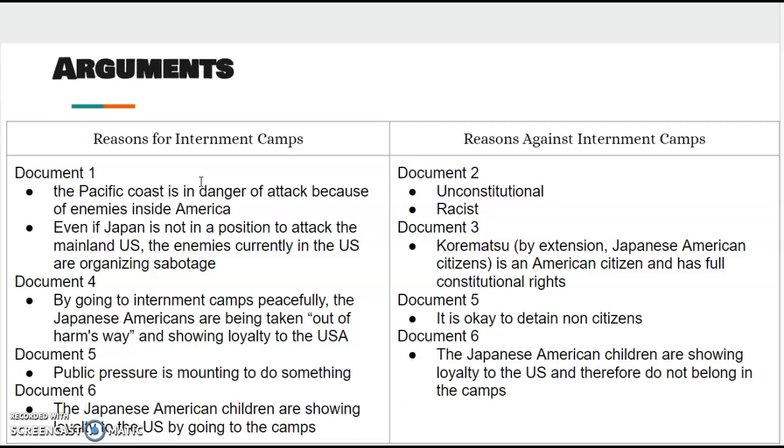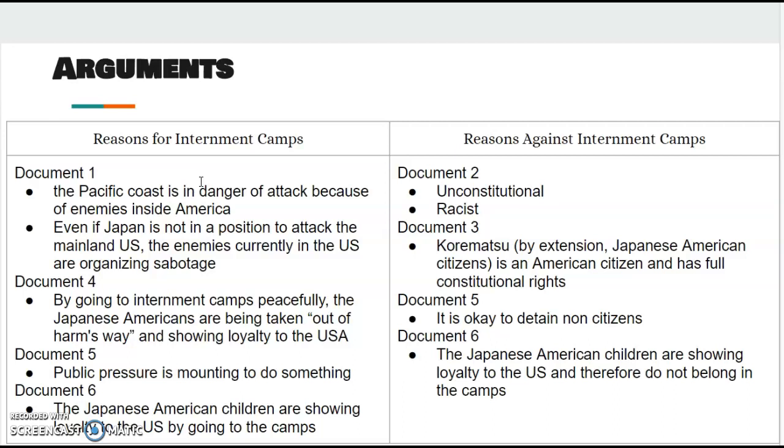In terms of reasons against the internment camps, document 2 was in the Korematsu versus the United States case. Korematsu was a Japanese American who refused to follow the order to go to the internment camps, saying that it violated his civil rights as an American citizen. And it was a really close decision. I think it was a 5-4 decision on the Supreme Court, where the majority obviously said that during wartime, it's necessary to take precautions.